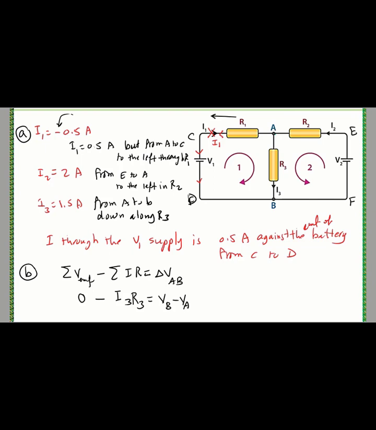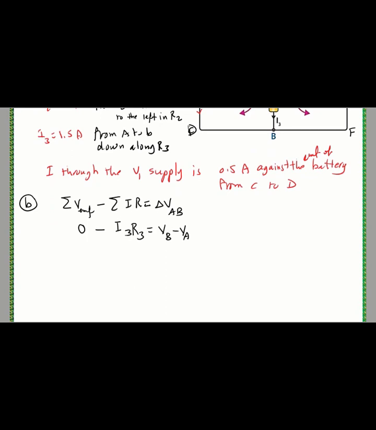So my path always goes from the start to the end, from A to B, and the potential difference is from B to A. Minus I3, which is 1.5, and its resistor R is 4, equals delta V, which is minus 6.